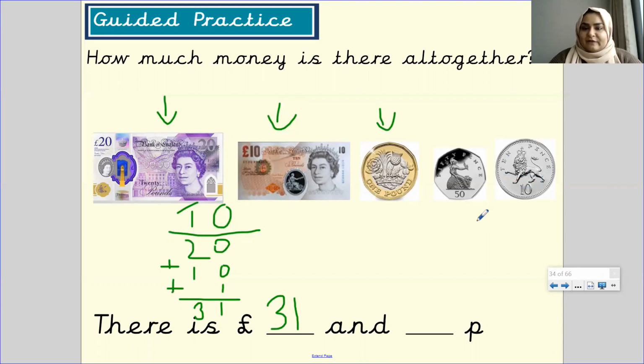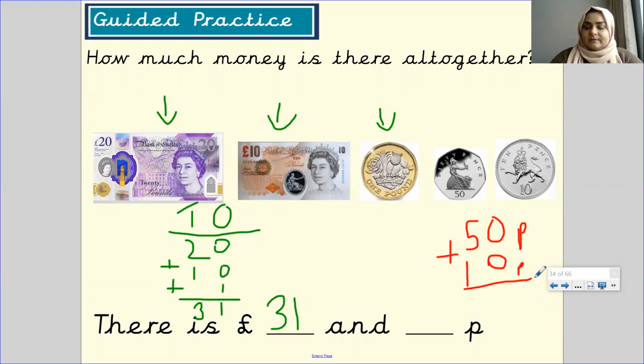So I have 50p add 10p. I'm going to use my place value grid knowledge again. So 0 add 0 we know is 0. Then 5 add 1 is 6. So I have 31 pounds and 60 pence.